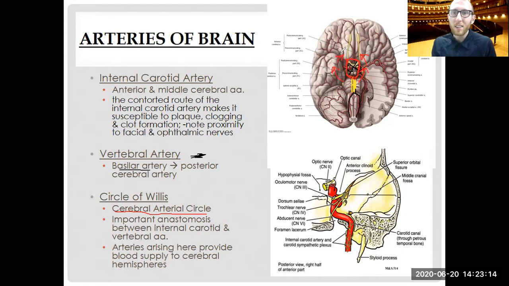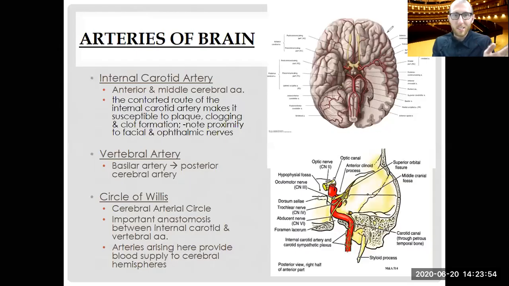And let's say something blocks part of that circle. Well, we know the brain is so vital that blood just goes the other way. So it's like a roundabout that has no traffic laws, and you can just go either direction to get to where you need to go.